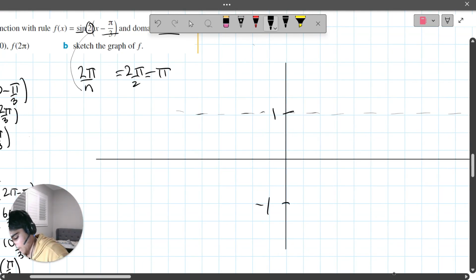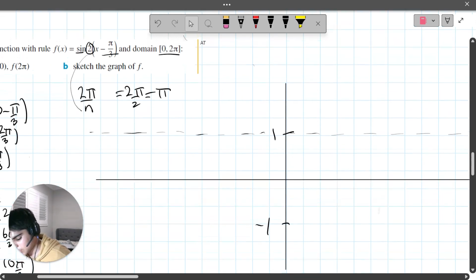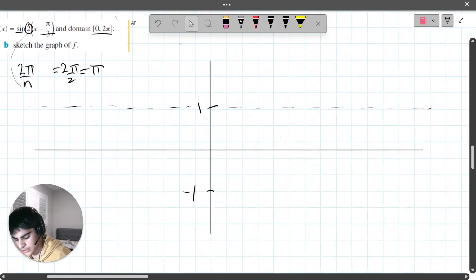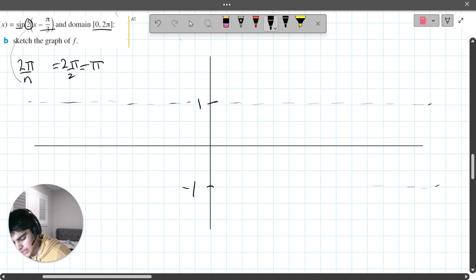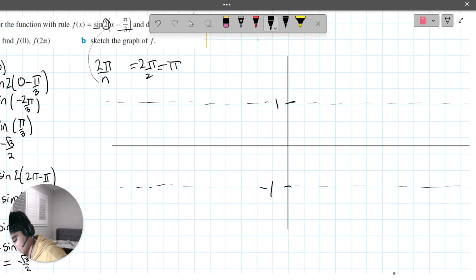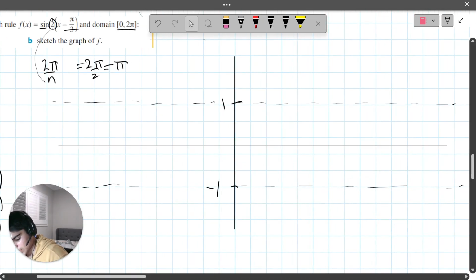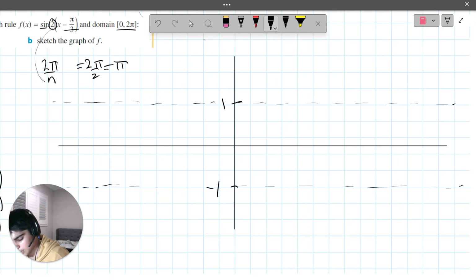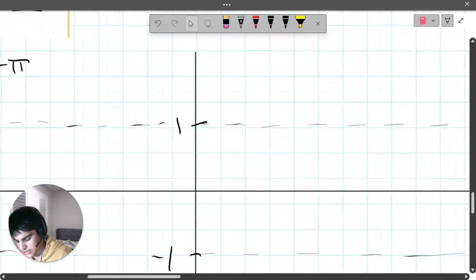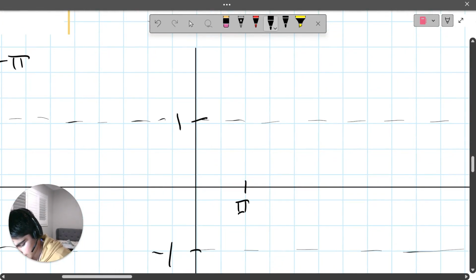Now I suggest that you first deal with the amplitude. Then you want to deal with the translation. Then you want to deal with the period, which comes as a result of the dilation. Okay, our translation is pi on 3 here.